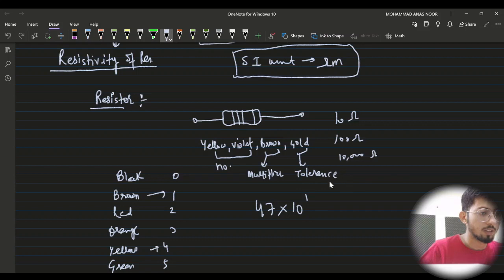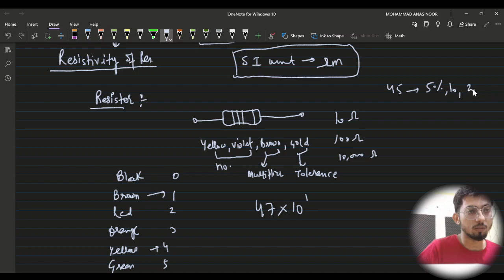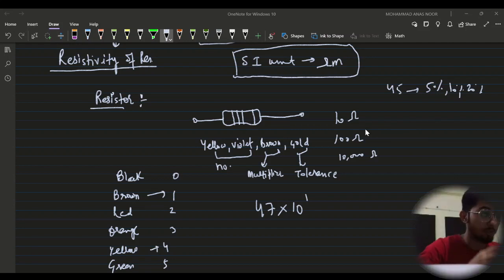See, these are made in factories and it's not possible to make the exact value of resistor, so they may go somewhat here and there. For example, a 45 ohm resistance may have a tolerance of 5%, 10%, or 20%. These are the most commonly used tolerance values.